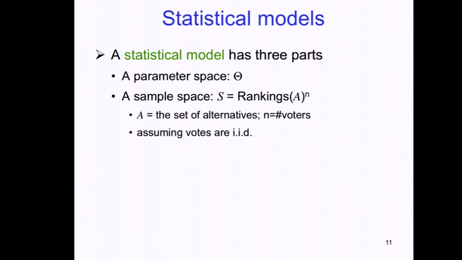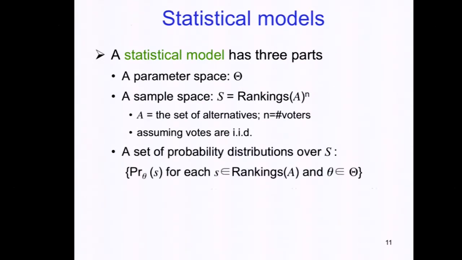A is a set of alternatives, and we're going to assume that votes are IID. Strictly speaking, you don't have to in the most general case, but for this talk, we're always going to assume that votes are generated IID. The third part, and arguably the most important part, is a set of probability distributions over the samples.